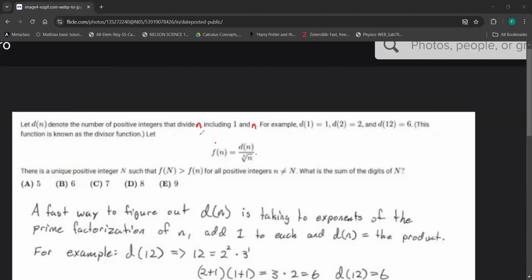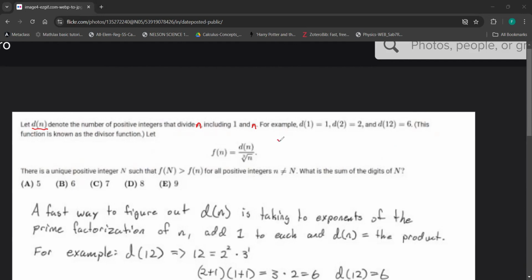And then this function is known as the divisor function. The divisor function is talking about d of n. And then let f of n equal to d of n divided by the cube root of n.